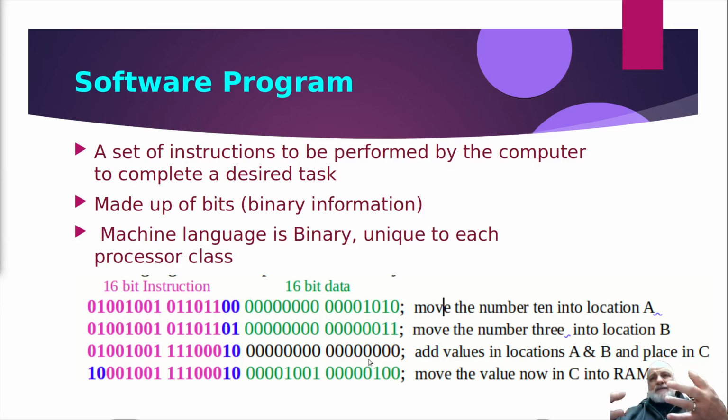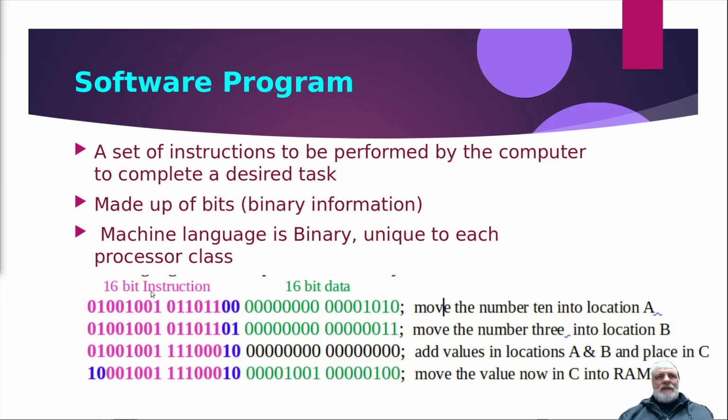Now typically what happens when you do an add instruction, it automatically puts it into a result, which I'm calling location C here. So when you take what's in A and add it to what's in B, the result automatically goes into this location inside the processor itself called C. And then we need to move that C back out into the ordinary memory or RAM.